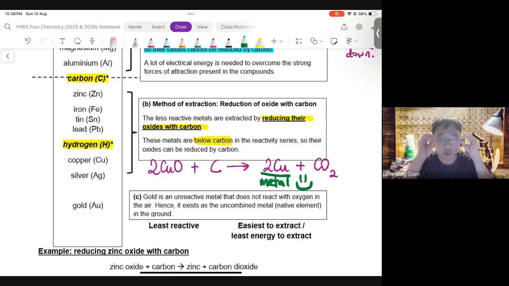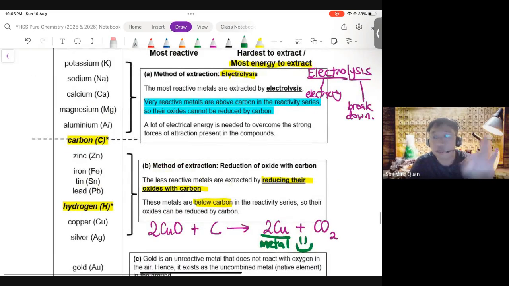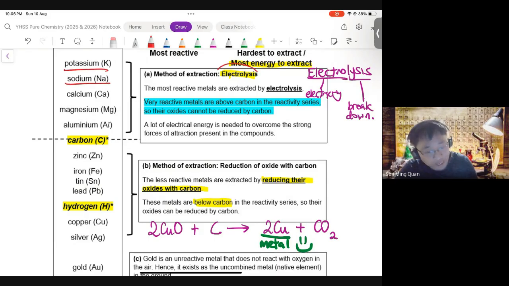So we have done this: above carbon cannot reduce with carbon, above carbon need to use electrolysis. Below carbon, if the metal you want to extract is below carbon, then you can just reduce their oxide with carbon. Good examples: potassium and sodium must be electrolysis. Calcium, magnesium, also electrolysis.